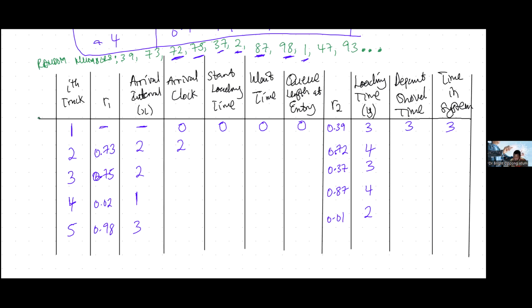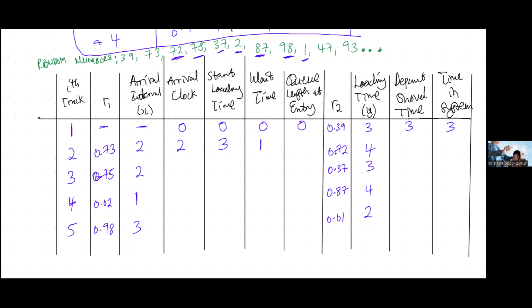It will be loaded after the first track is gone, and therefore it will be loaded at the time 3, when the first track departs from the system in 3 minutes, right? So as soon as it arrived in 2 minutes and gets loaded in 3 minutes, it means that it has waited for 1 minute, right?